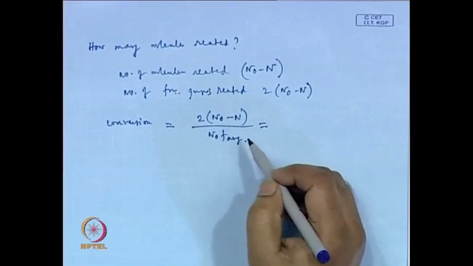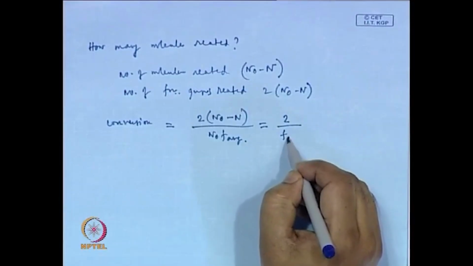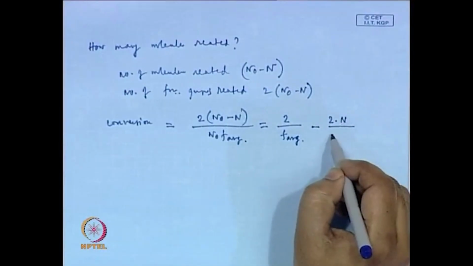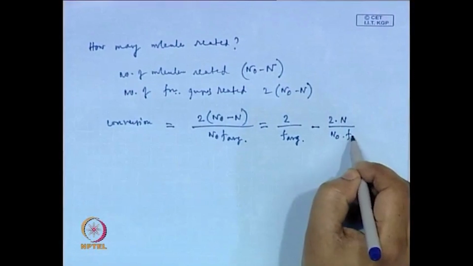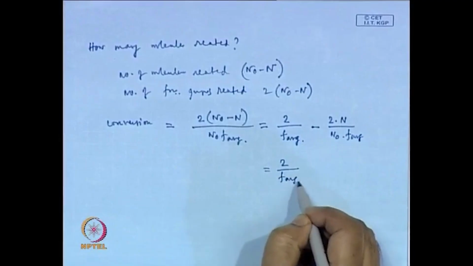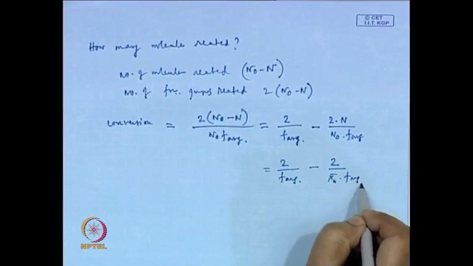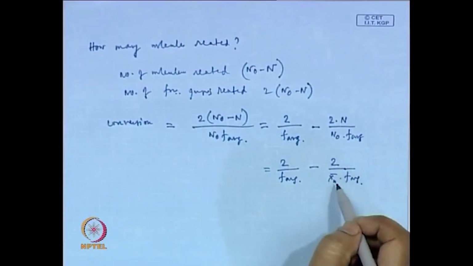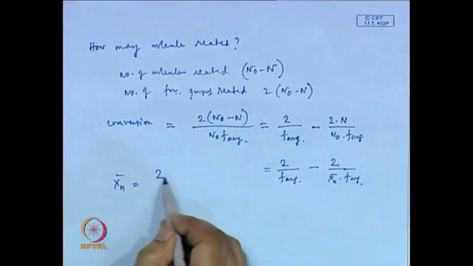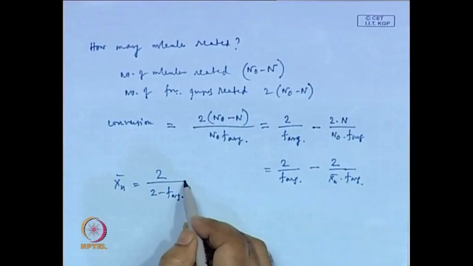That is the fraction, that is the conversion, which gives you 2(N0 minus N) by N0 F average, or twice F average minus twice Xn F average, because N0 by N is your Xn, as we talked about. We can rearrange this to get Xn is 2 by (2 minus F average times p).